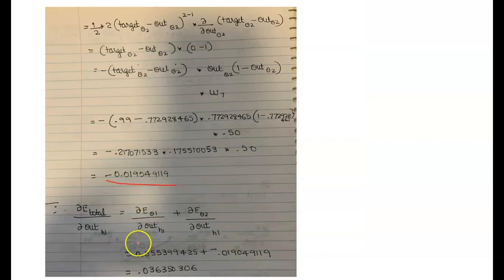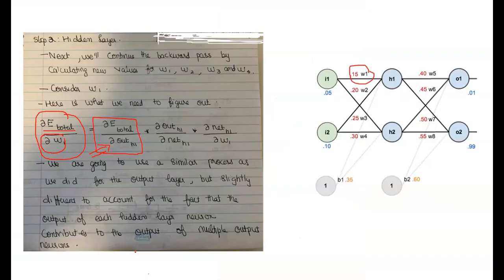Once I have obtained that, I find my dou E total by dou out H1, which is this value. So now we have found this particular component. Now I need to do the same procedure for the second component of this equation and find out what dou out H1 divided by dou net H1 is.